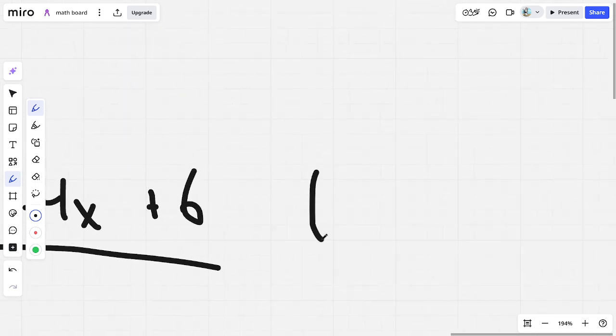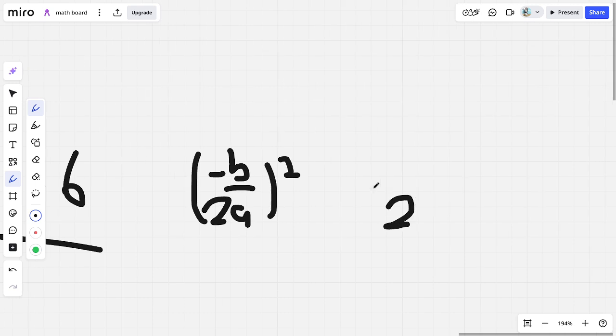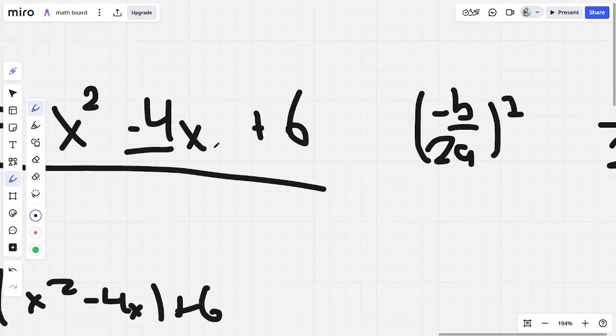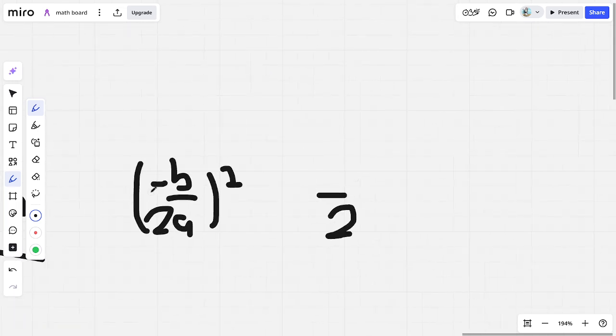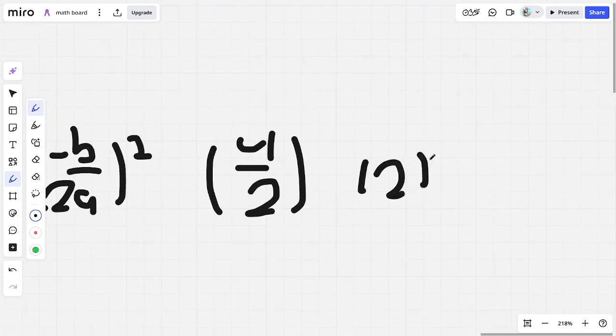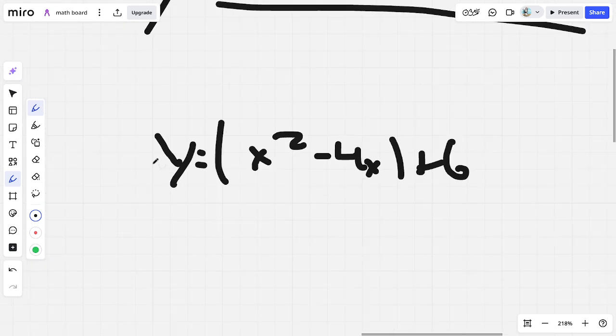Now we use the formula negative b over 2a squared. Since a is 1, it's going to be 2. And since our b term is -4, it's going to be negative, so it's going to be 4 divided by 2, so 2 squared. And that means we have to add 4.